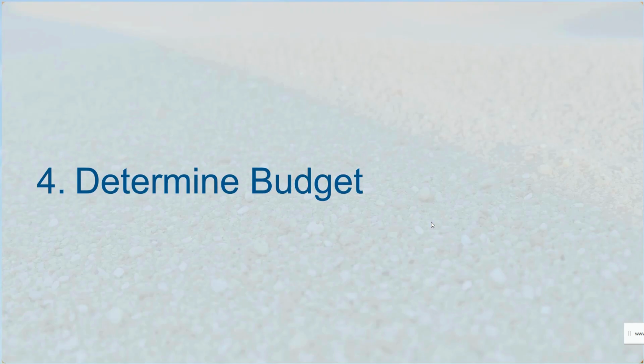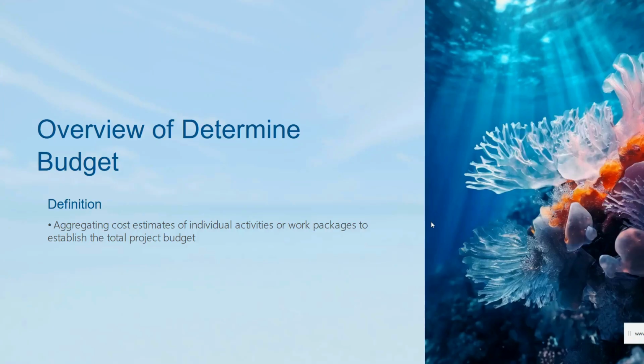After that, we have determine budget. So, overview of determine budget. Here we have the definition: aggregating cost estimates of individual activities or work packages to establish the total project budget. So determine budget is the process of aggregating the cost estimates of the individual activities or work packages to establish the total project budget.